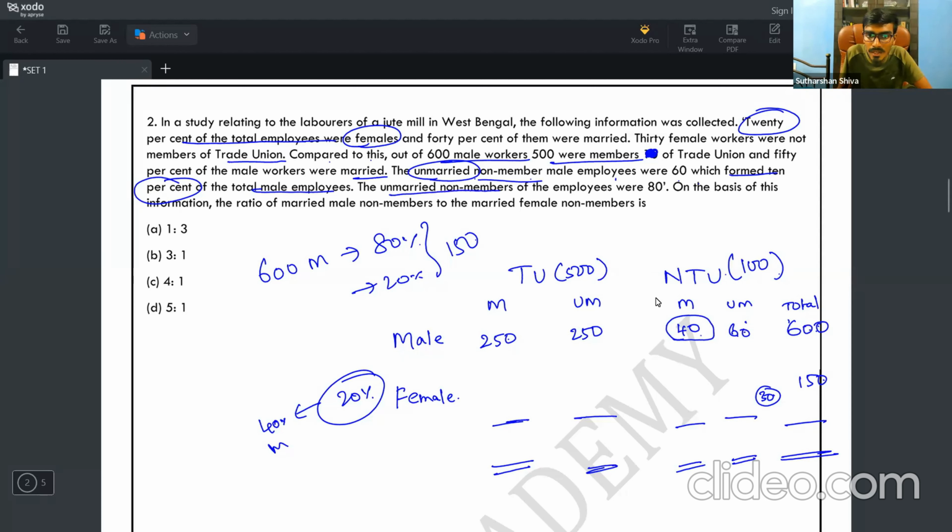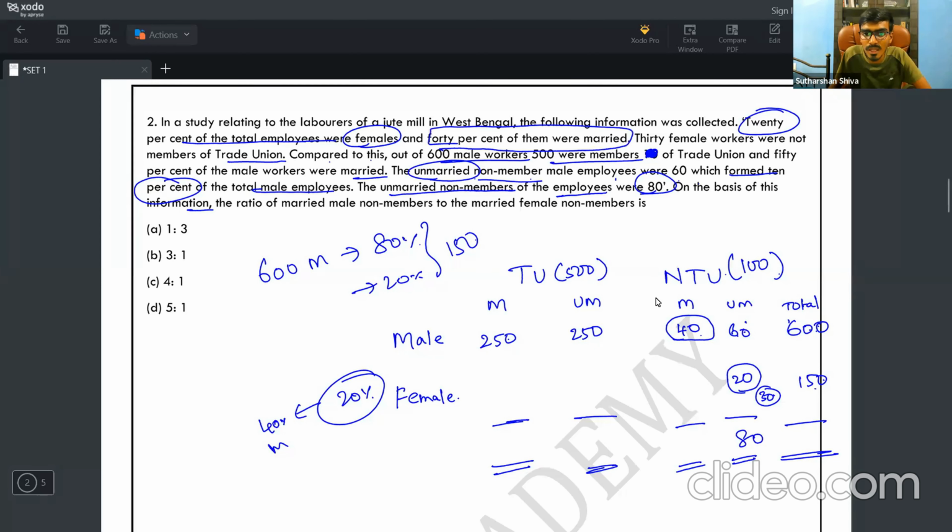Now, the total unmarried employees were 80. It means unmarried female members is going to be 20. On the basis of this available information, I also want to conclude this data. They said 20% of the total employees were females and 40% of them are married.